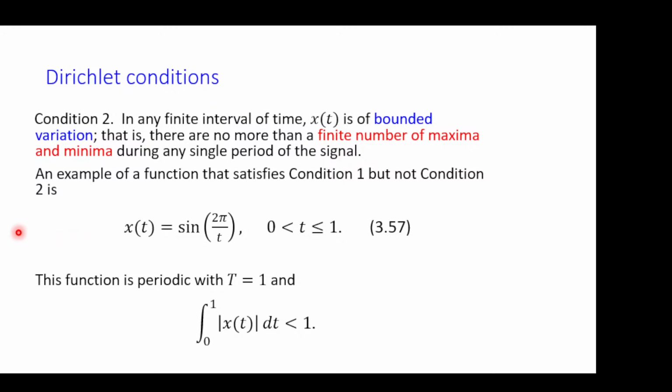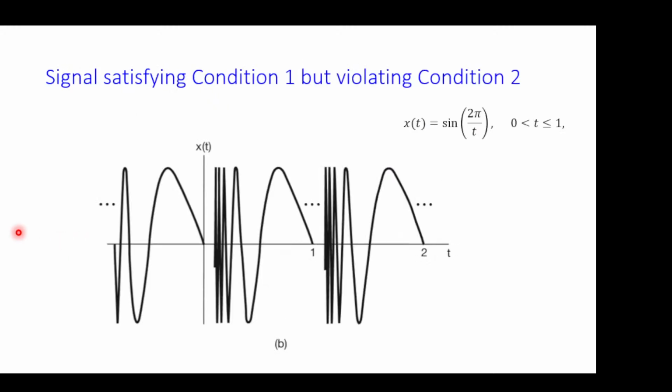Okay? So what does this mean? Once again, it's easier to see a counterexample. Here is a counterexample of something with infinitely many minima and maxima. We are just cutting off between 0 and 1 and pasting it periodically. Between 0 and 1, we say x of t equals sine of 2 pi over t.